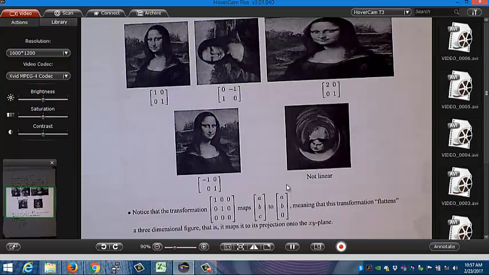So with those transformations, wouldn't the transformation matrix have to have as many columns as the picture had pixels in width? No. So let me think for a minute. I might have gotten that wrong.